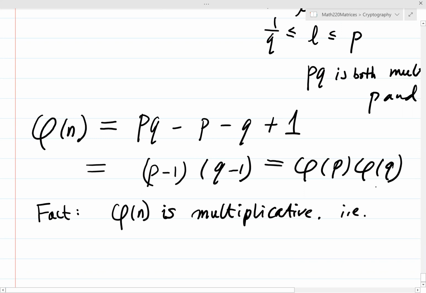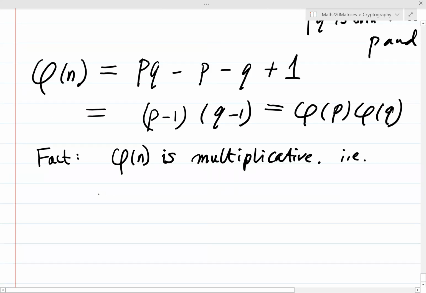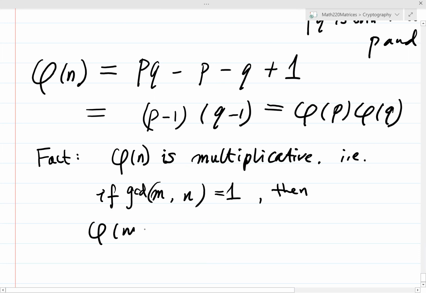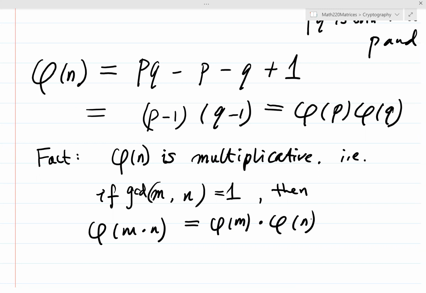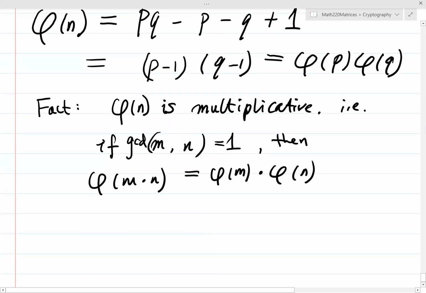That is, if M and N have GCD 1, then phi of M times N equals phi M times phi N. We will not prove this now. If you study number theory, you will have a chance to find this proof. We already used a baby case of this fact.